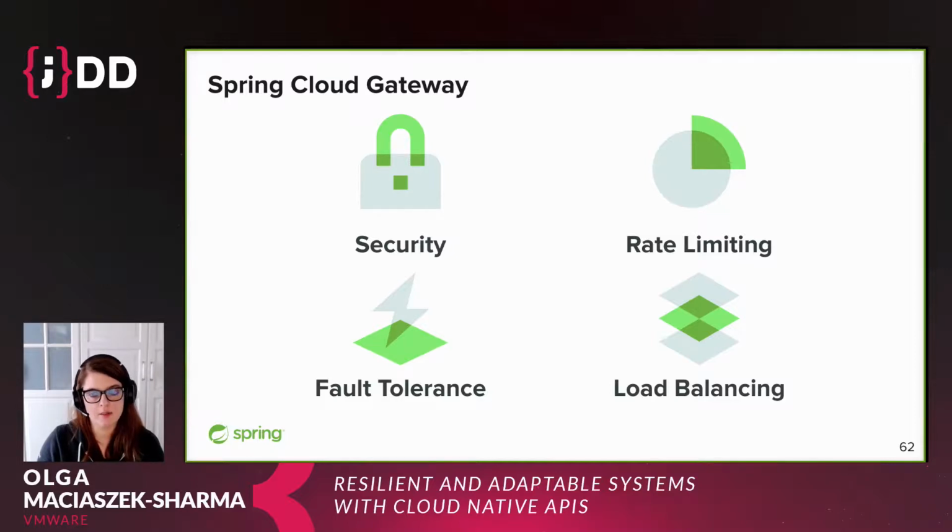It allows a single place to secure your system. Complex things like rate limiting can happen in Spring Cloud Gateway. Fault tolerance, so things like retries and circuit breakers, can happen in one place, and obviously something simple like load balancing, where you pick between instances of a particular service.